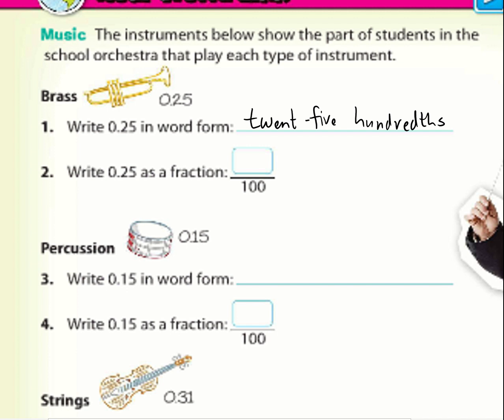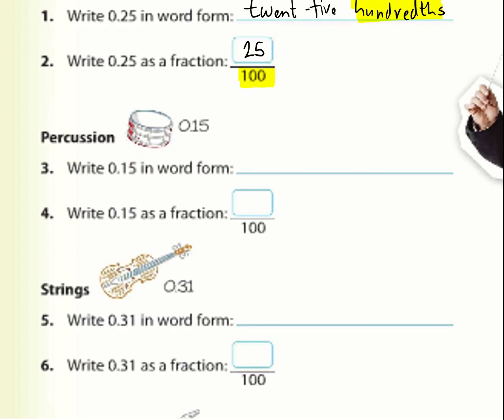And because this ends in the hundredths place as a fraction, we can write this as 25 over 100. So if you see, this 25 hundredths corresponds with the 100 for our denominator in our fraction.